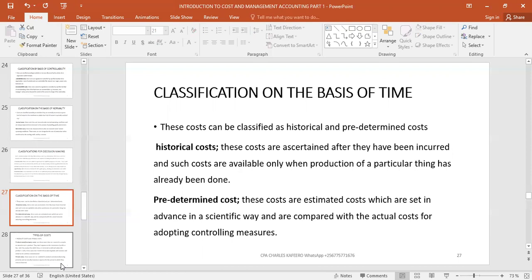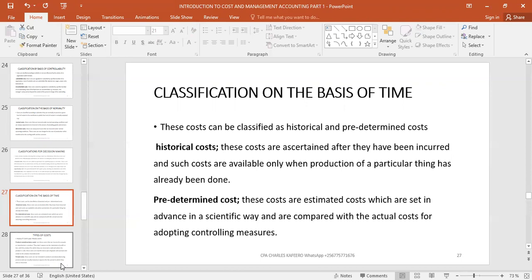So these costs, which are classified on the basis of time, include the historical costs. These are costs ascertained after they have been incurred, and such costs are available only when the production of a particular thing has already happened.